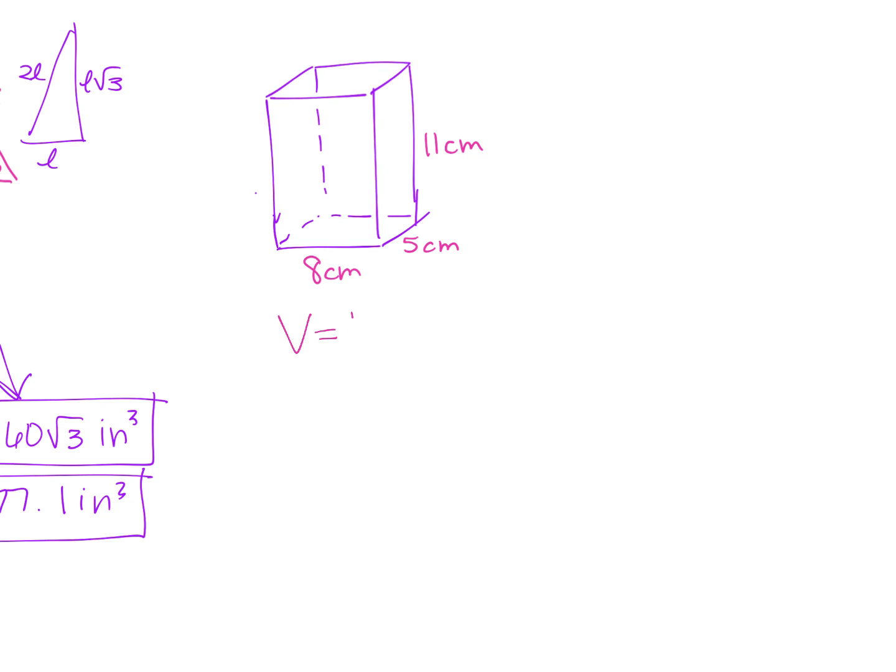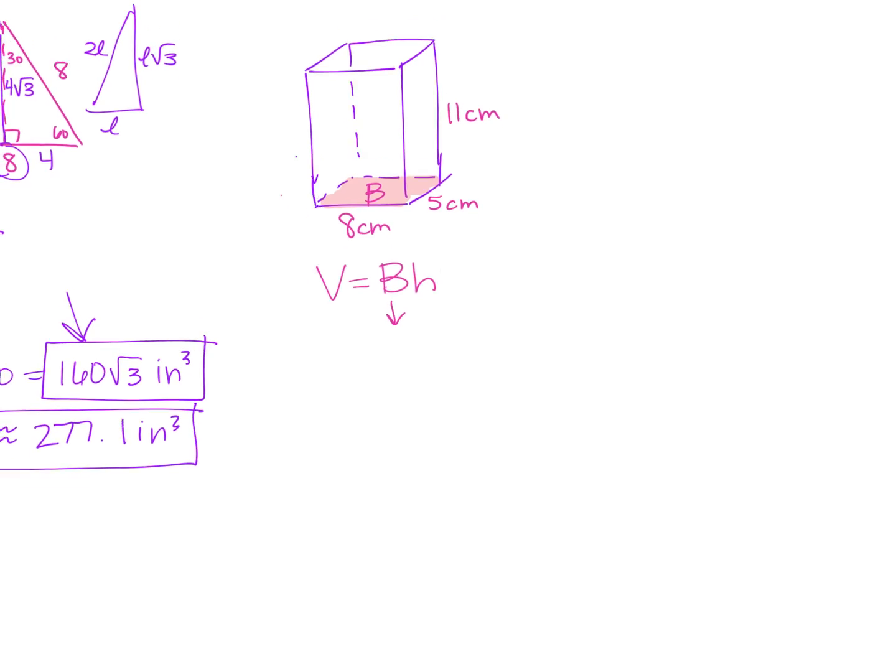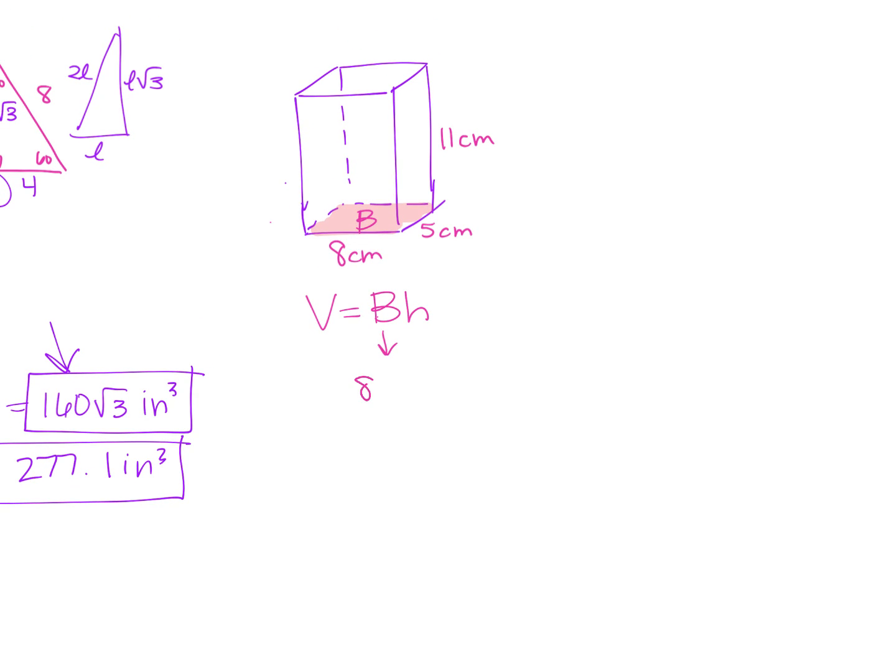Remember, volume of a prism is B times H. Solve that. Much simpler. The area of the base is going to be 8 times 5, right? It's a rectangle, so that's B. What's H?